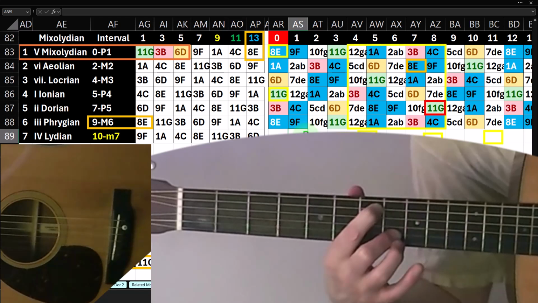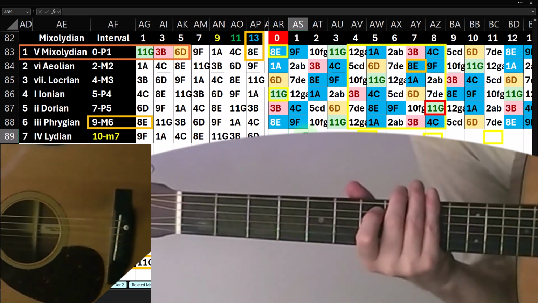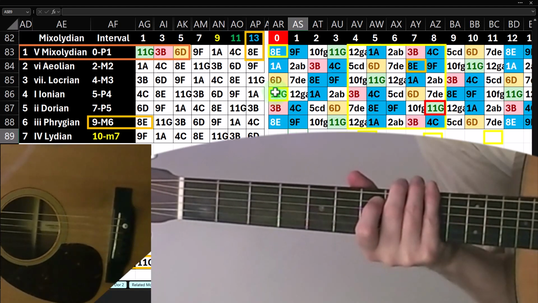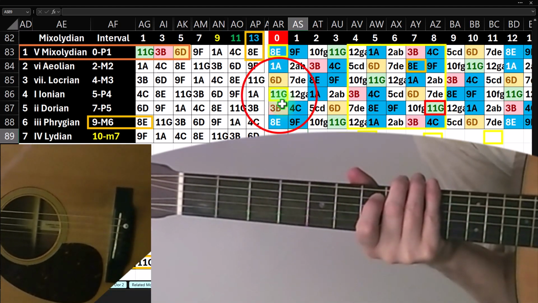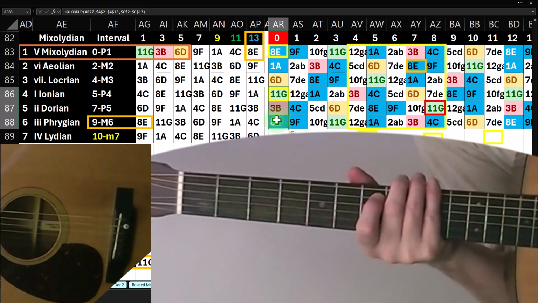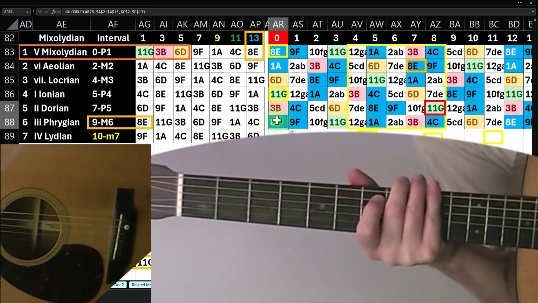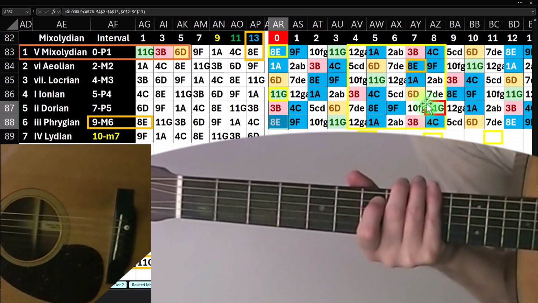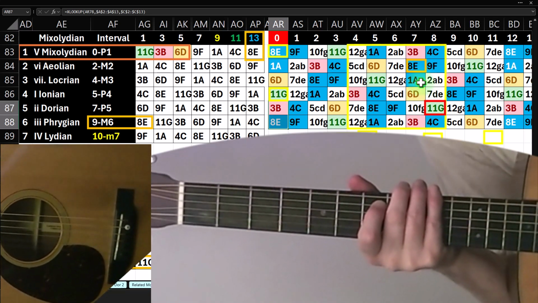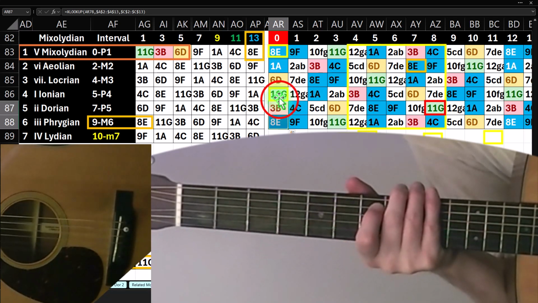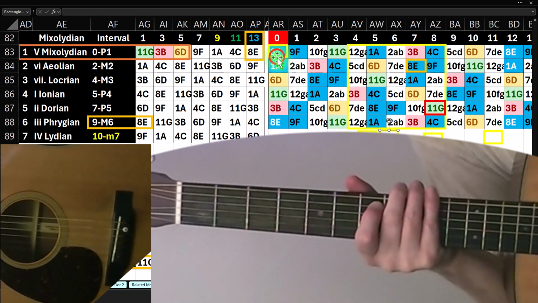So the general rule is if I go up 3 strings, the 9 note away major 6, which could also be called the 9 note away major 13, will be on the same fret unless I cross the fault line, which would happen 2 out of 3 times that I could go up 3 strings, on the bottom 2 strings, the B and the E string, in which case it will be 1 fret back. All right, let's go to the top one.